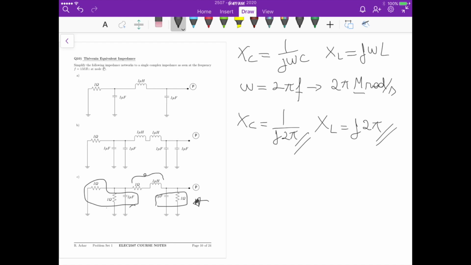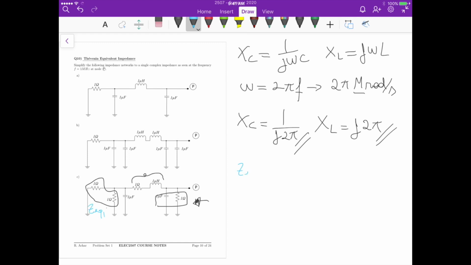So first, let me just erase this part here. I will put some labels here. This is going to be our first, and I'll call it ZEQ1. So this is ZEQ1.